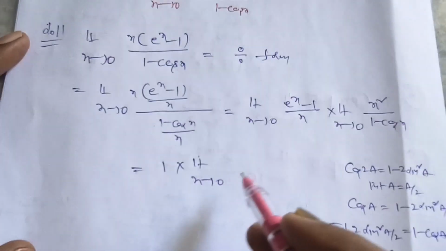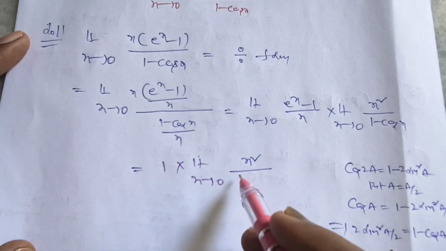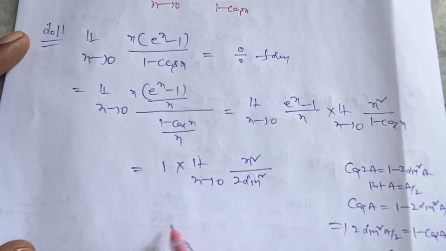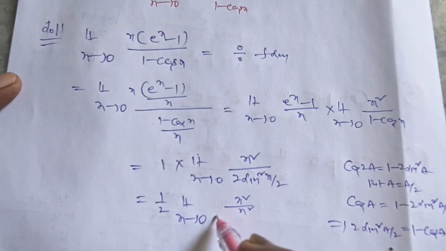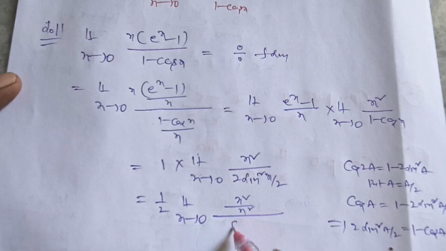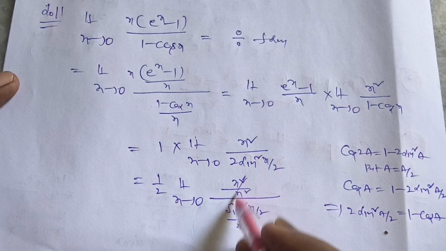So use this in the limit here. Limit x tends to 0, x square by (1 minus cos x), the 1 minus cos a form, equals 2 sin square (x by 2). Okay. So here 1 by 2 is a constant, taking it outside. 1 by 2 into limit x tends to 0. Now divide numerator and denominator by x square like this.